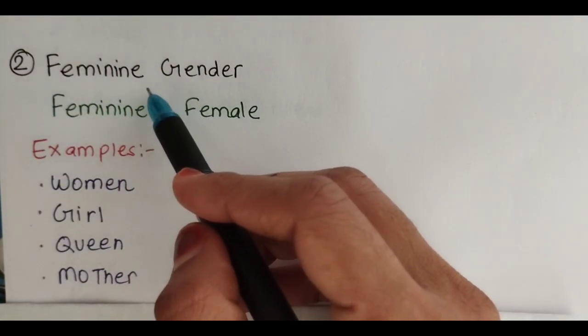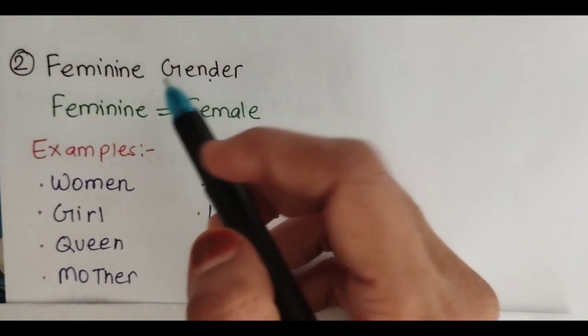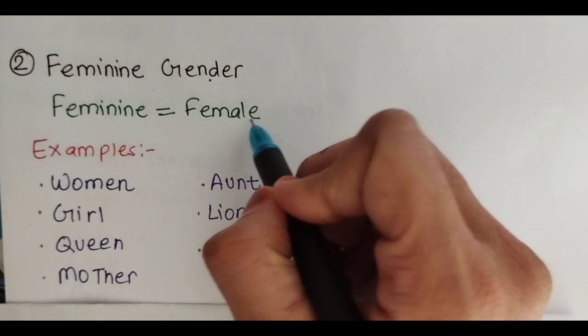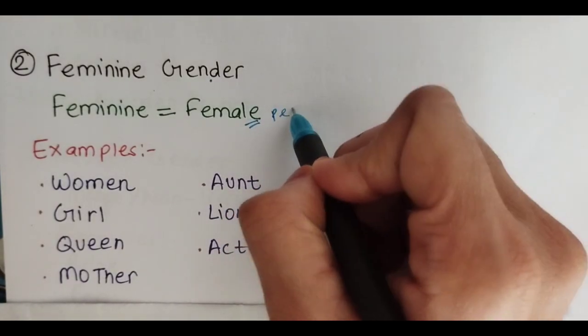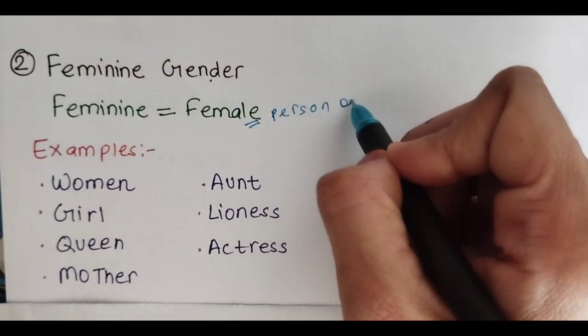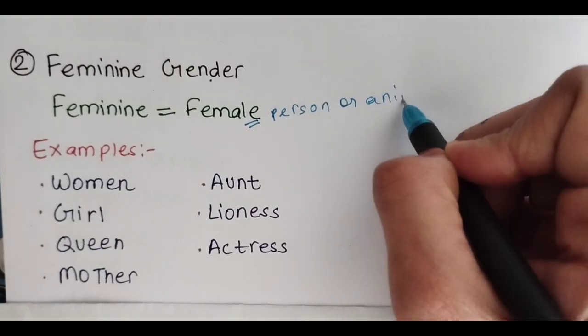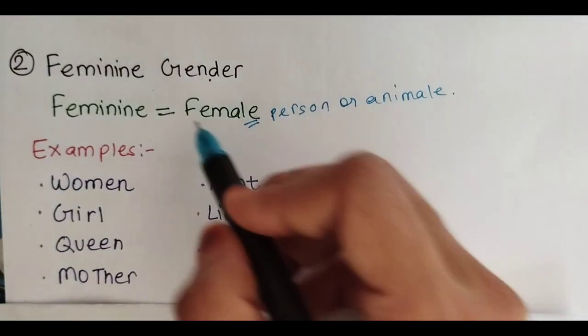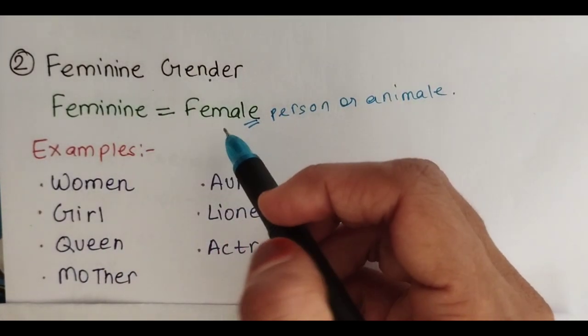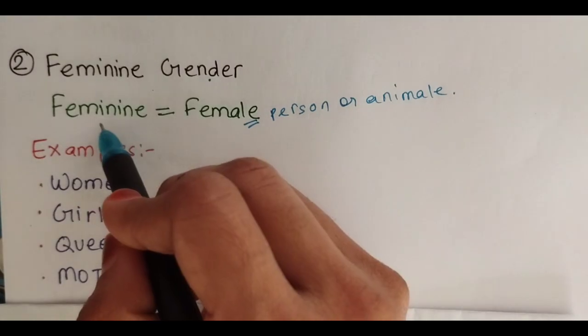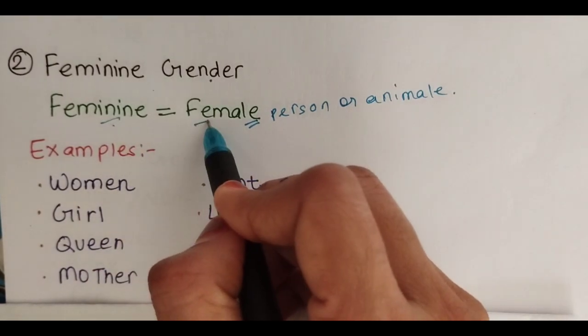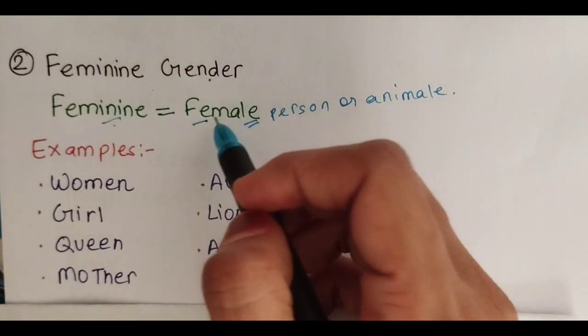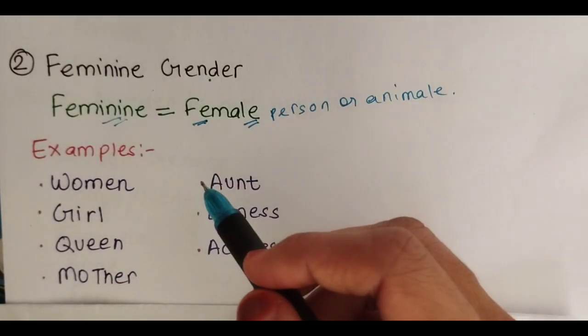Second one is the feminine gender. Feminine gender is used for a female person or animal. It is mainly used for the female person or animal. Feminine comes from female, or you can say female comes from feminine.